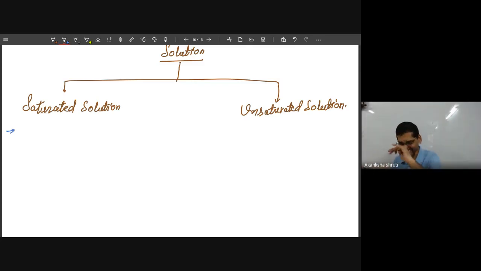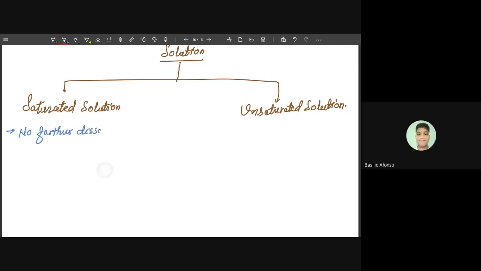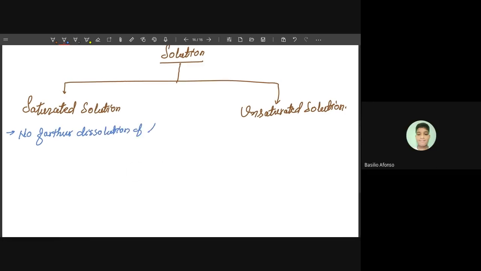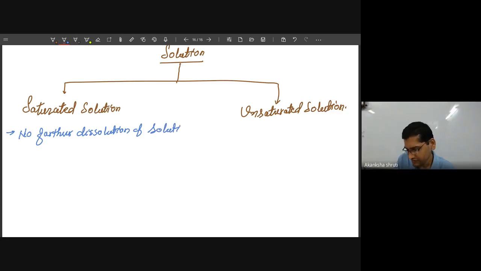It means no further dissolution of solute in solvent is allowed. Solvent and solution are used here to mean the same thing.